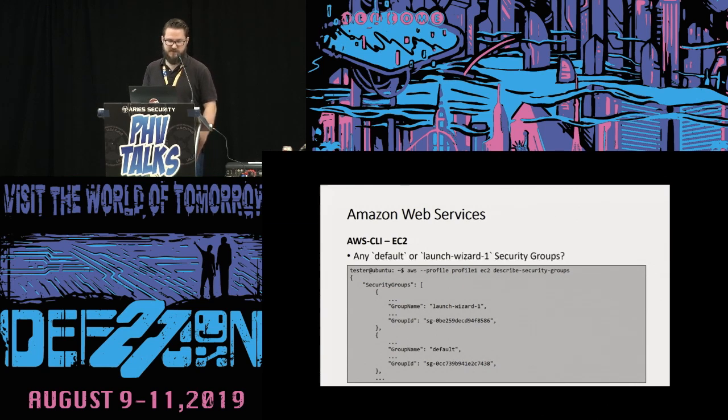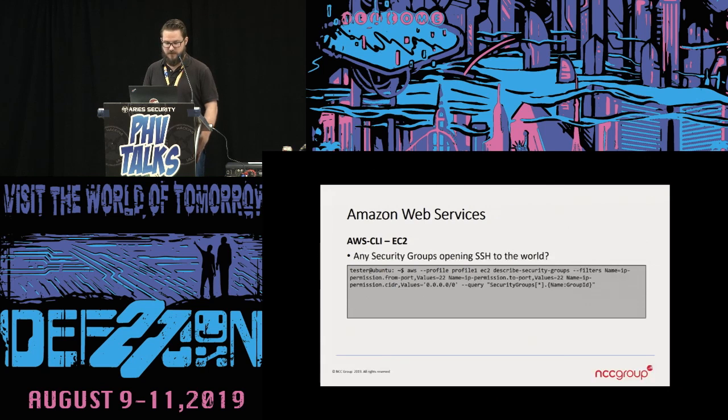And so something we look for is default and launch wizard 1 security groups. And in this case, we see that both of those are in this listing of security groups. We'll probably focus a lot on this launch wizard 1 for the next queries. We'll grab the SG ID for that security group and we'll use it in our next queries.